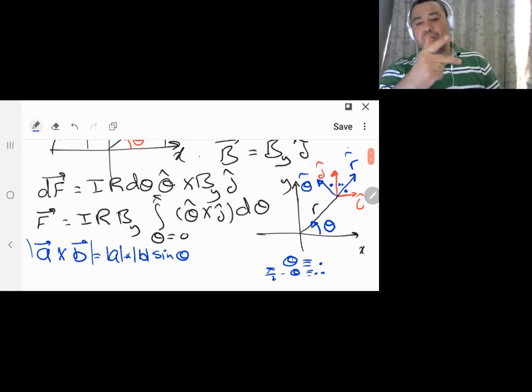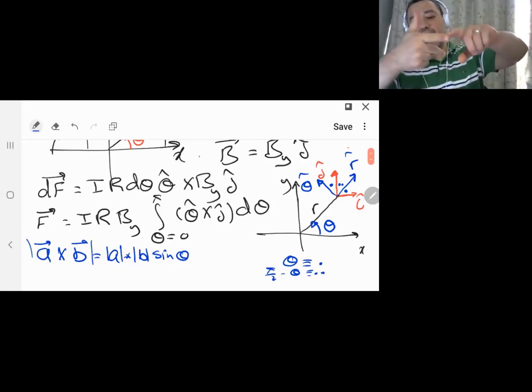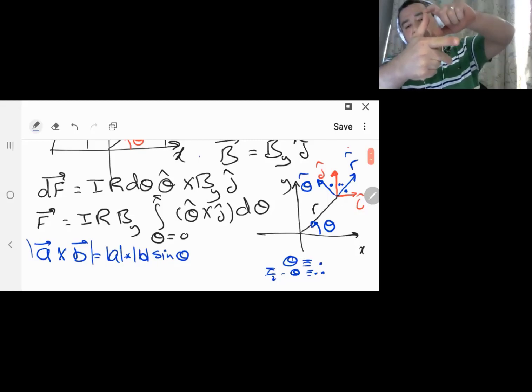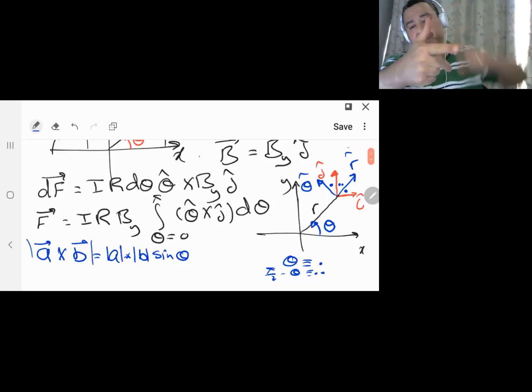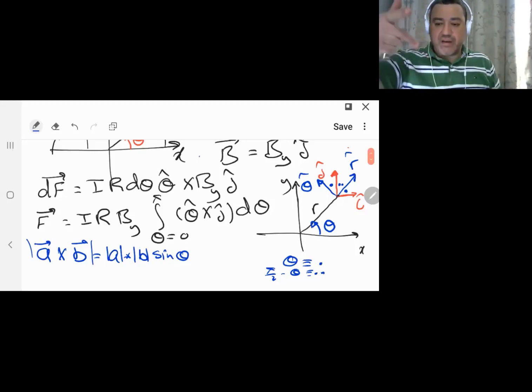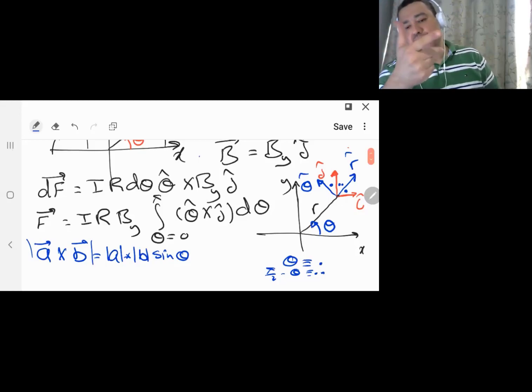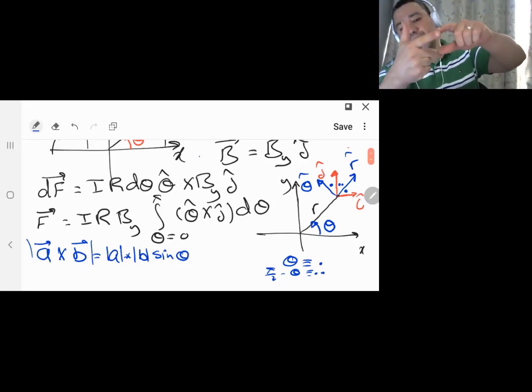If you recall, for those three fingers, if I have this as A and this as B, then the thumb will be A cross B. This is if I have two vectors that I am taking the cross product with.